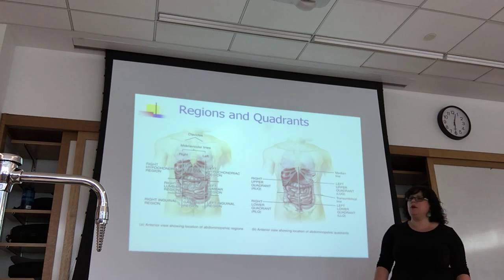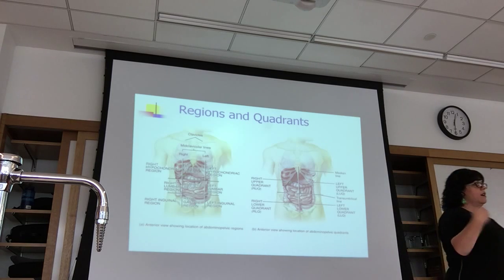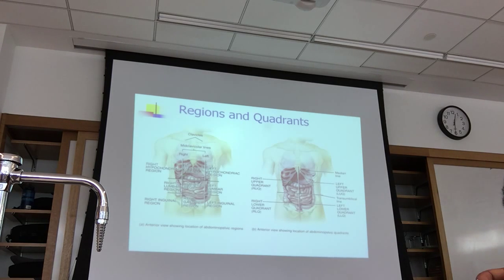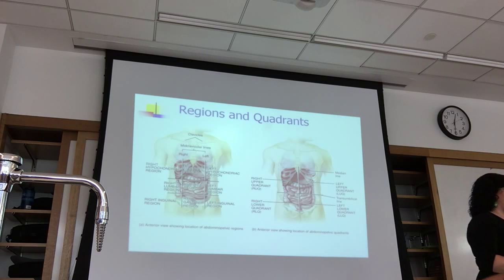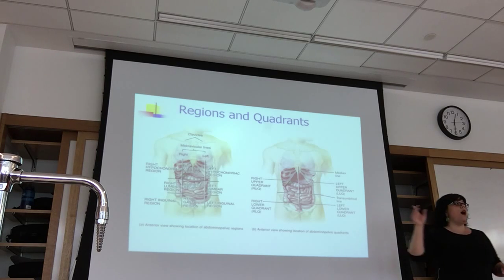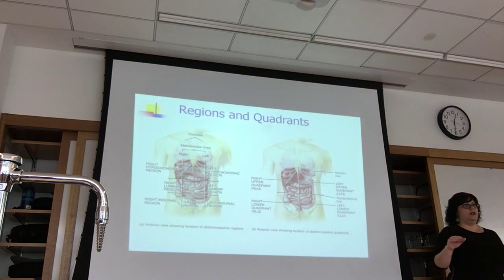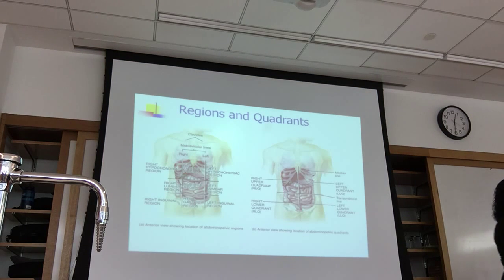Okay, so we were looking at the thoracic body cavity above the diaphragm and the abdominopelvic body cavity below the diaphragm. When we are looking at regions and quadrants, we are talking only about the abdominopelvic body cavity, not the thoracic.